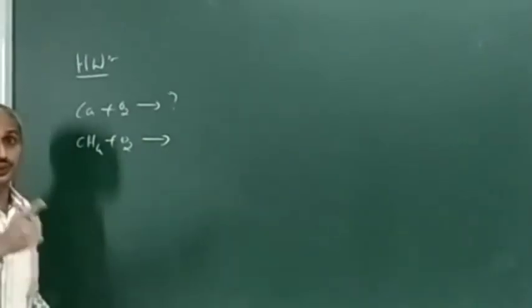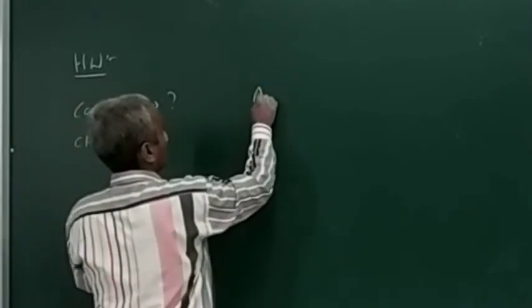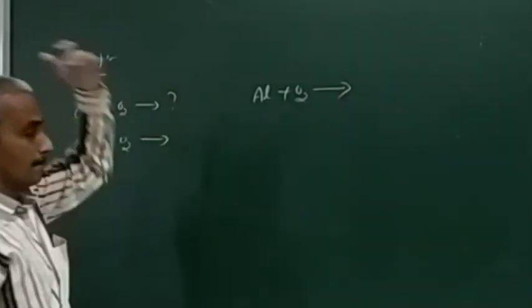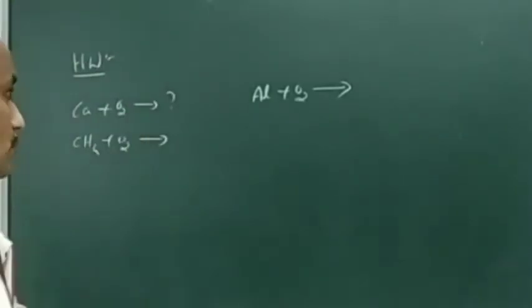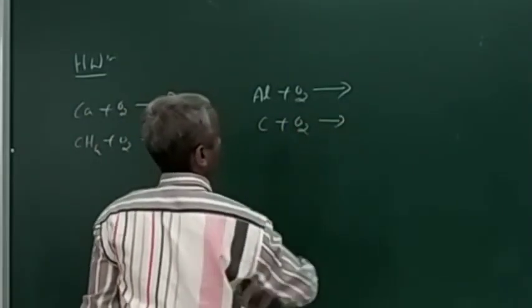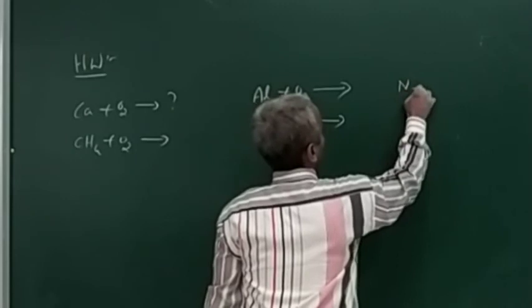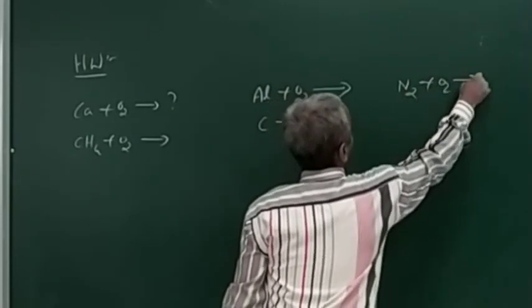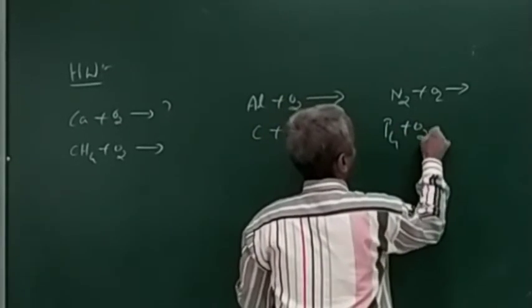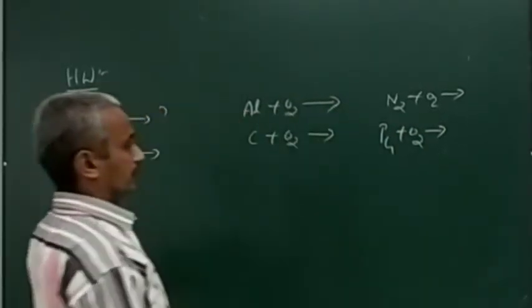The equations are not balanced, you write the balanced equations also. Al plus O2, C plus O2, N2 plus O2, P4 plus O2. Complete them.